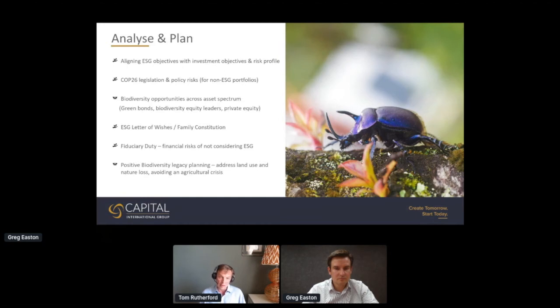And that is where I think there's such an interesting opportunity. Usually privately owned, often on the equity side, sometimes on the credit side as well.